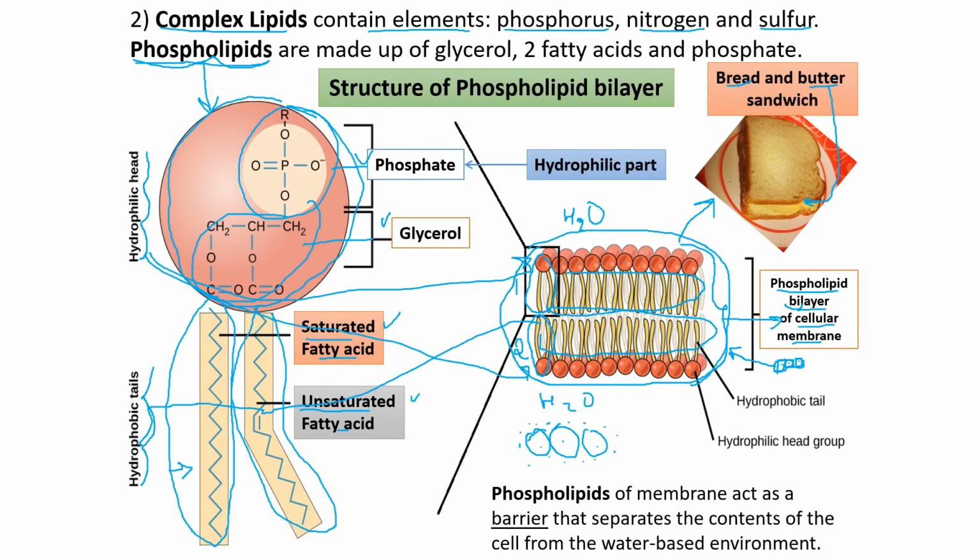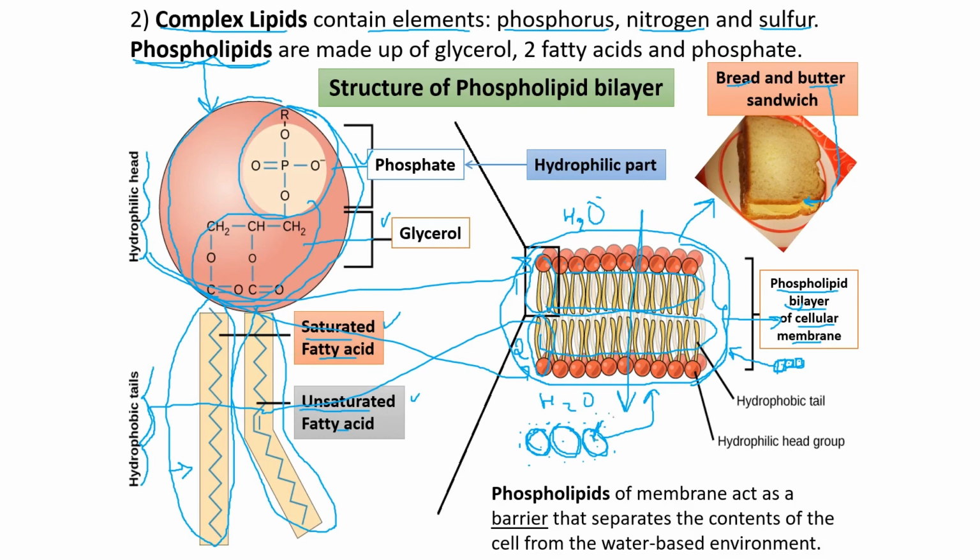And so this is a cell, one of these three cells. They are made up of this bilayer of phospholipids, and water cannot easily pass through this bilayer. So water cannot easily pass inside of the cell.